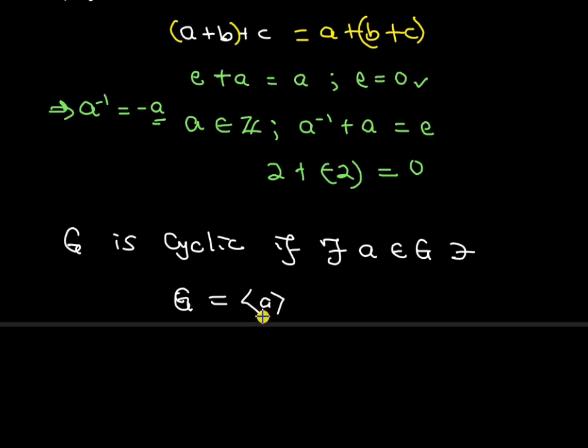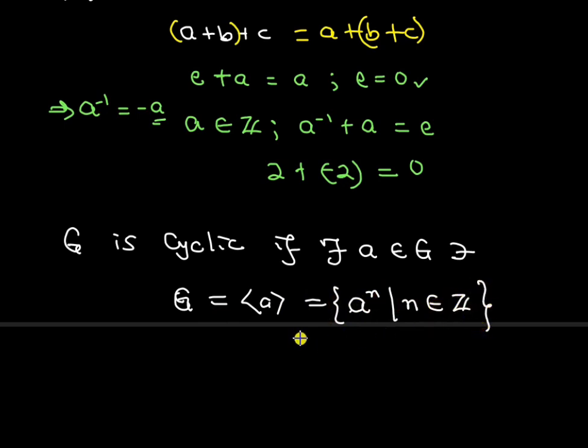Generated in the sense that if I use the binary operation of G on A repeatedly, I should be able to get all the elements of G. So we write it this way: G is equal to A raised to the power of n, such that n is inside the integers.